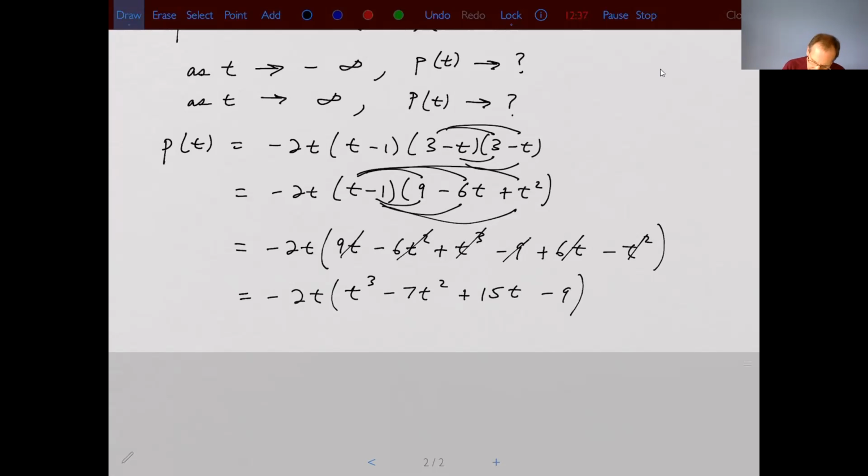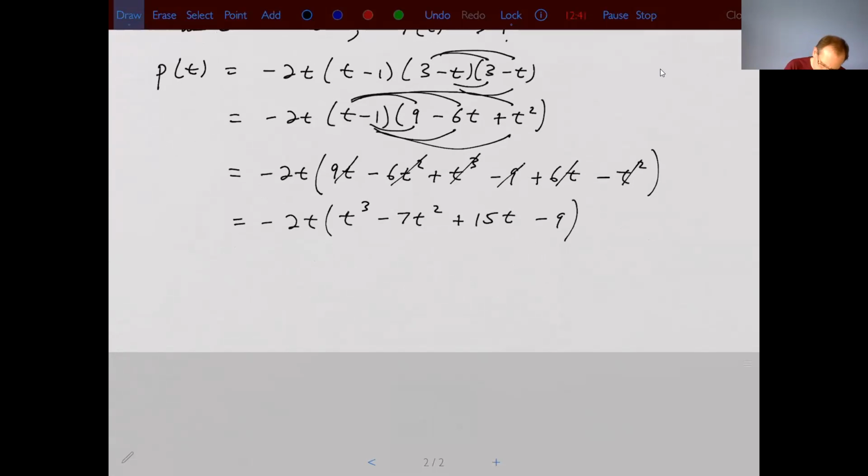And then finally, I can distribute in the negative 2t. So I need to multiply that negative 2t by all 4 terms here. So negative 2t times t cubed is negative 2t to the 4th. Negative 2t times negative 7t squared is plus 14t cubed.